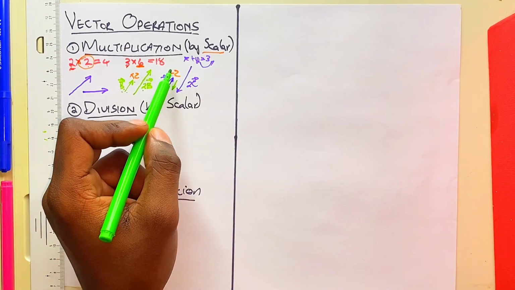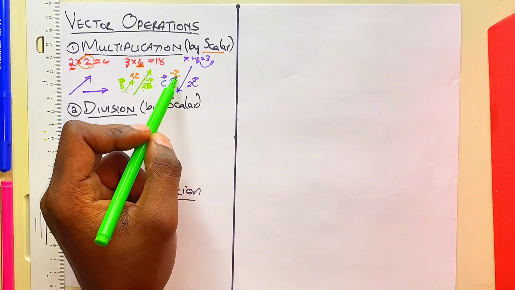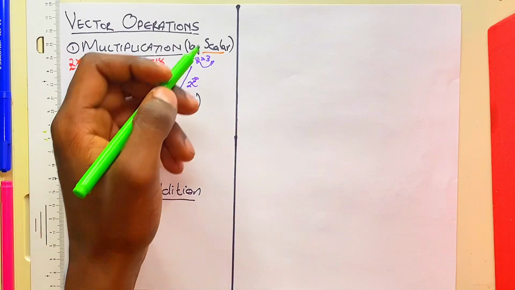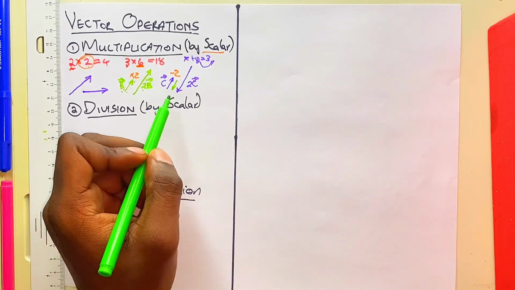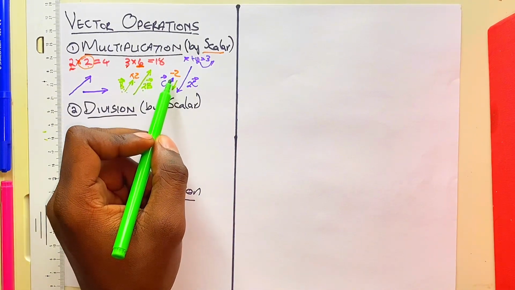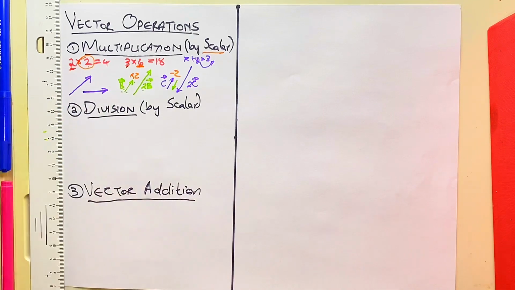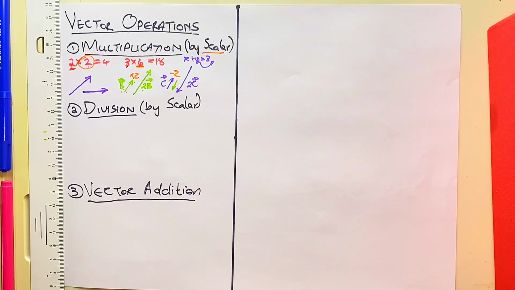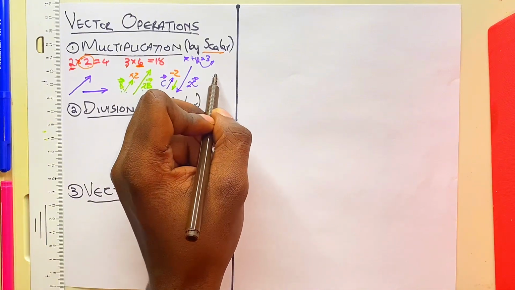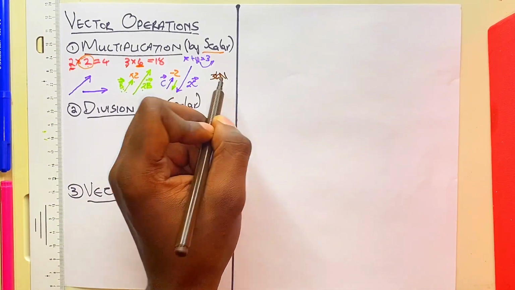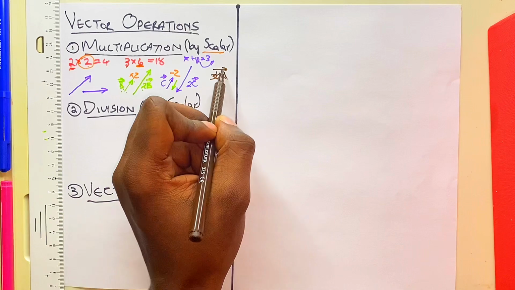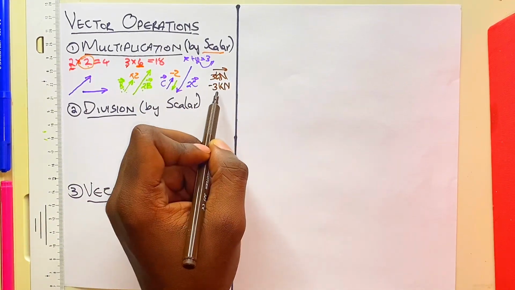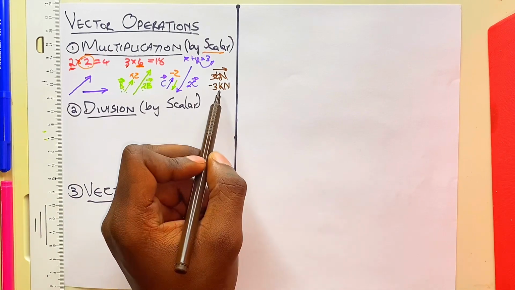That is to say, anytime we multiply a vector by a negative scalar, it changes direction and goes the opposite direction to what it was going to. So if you had a force of 3 kilonewtons that is going to the left, a force of negative 3 kilonewtons will go to the right.